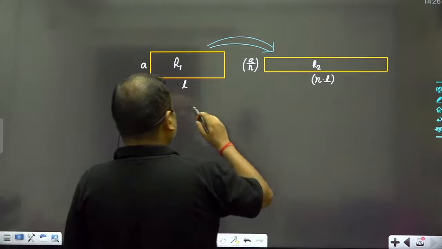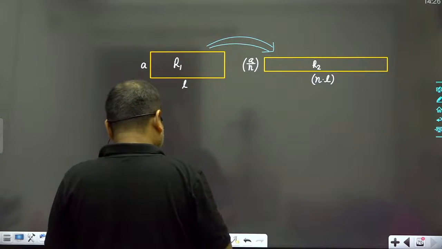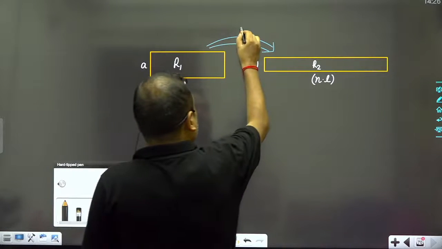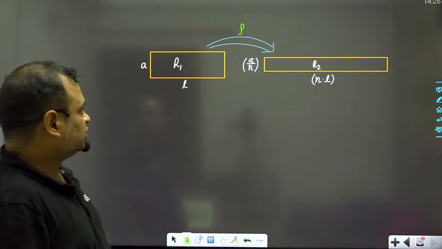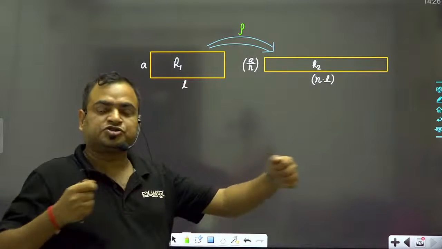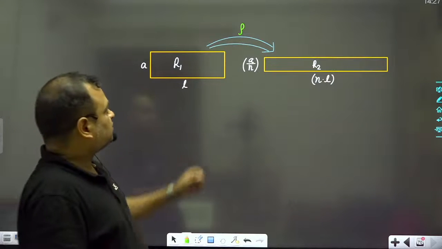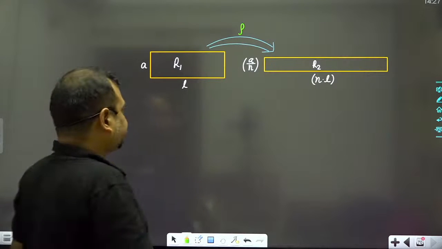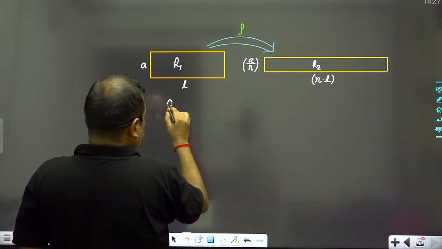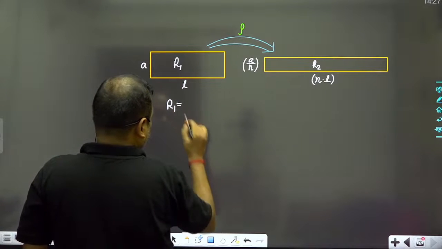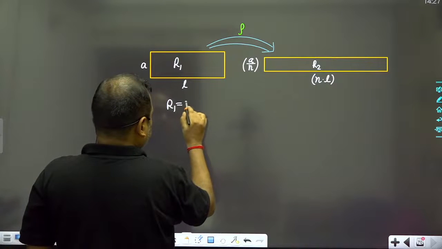So the resistivity of both the materials will remain same, because we have just stretched this wire, we have not changed the material. So the resistance of old wire, R1, will be equal to rho into L upon A.